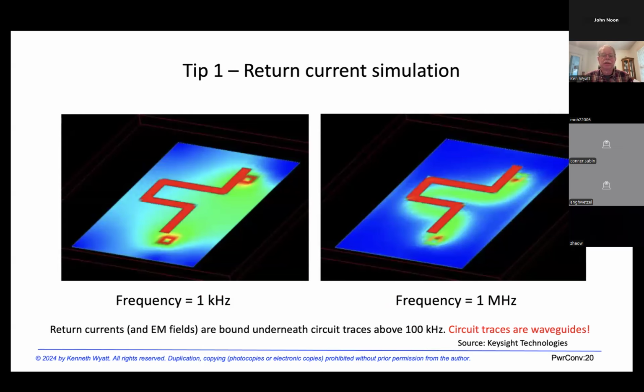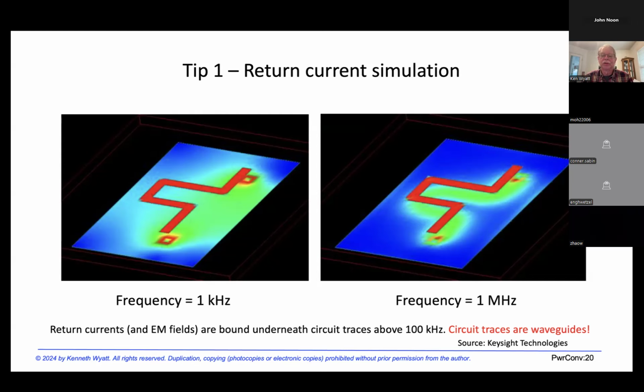Something to keep in mind is that at low frequencies, the return path is going to be fairly wide from source to load and back. As you increase frequency, that return path tends to follow directly under the signal trace. The break point is right around 50 to 100 kilohertz.